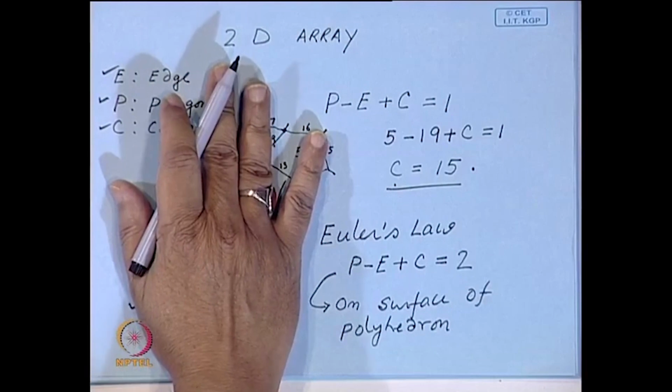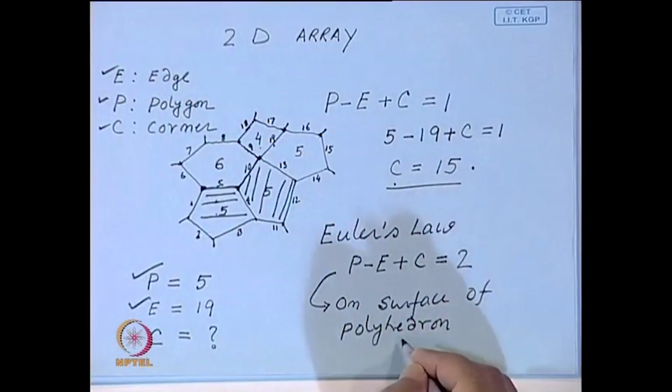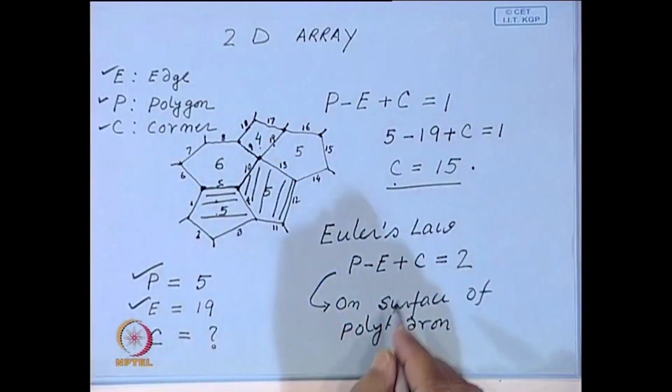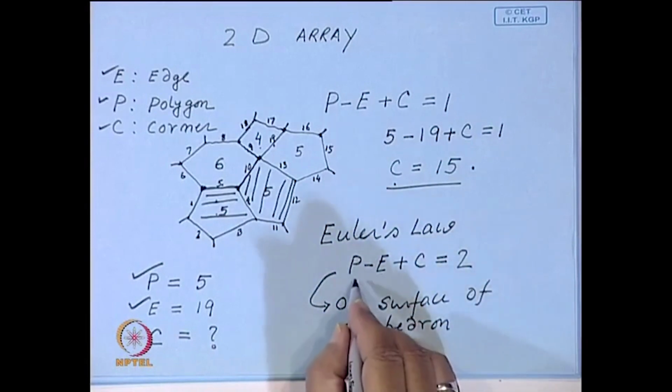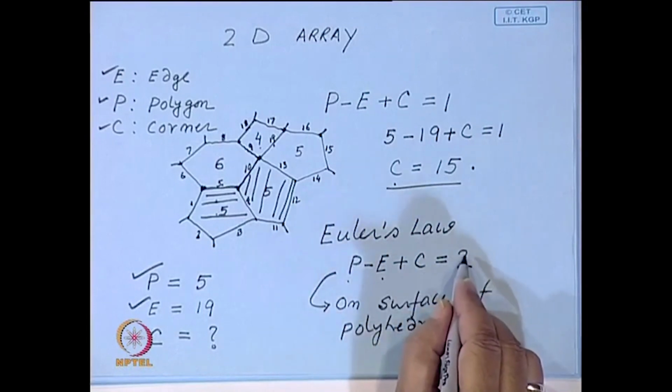In fact, there is an Euler law which is valid on the surface of a polyhedron, like let us say the truncated octahedron we talked about. The truncated octahedron, you can also apply this law P minus E plus C, but this will be equal to 2.